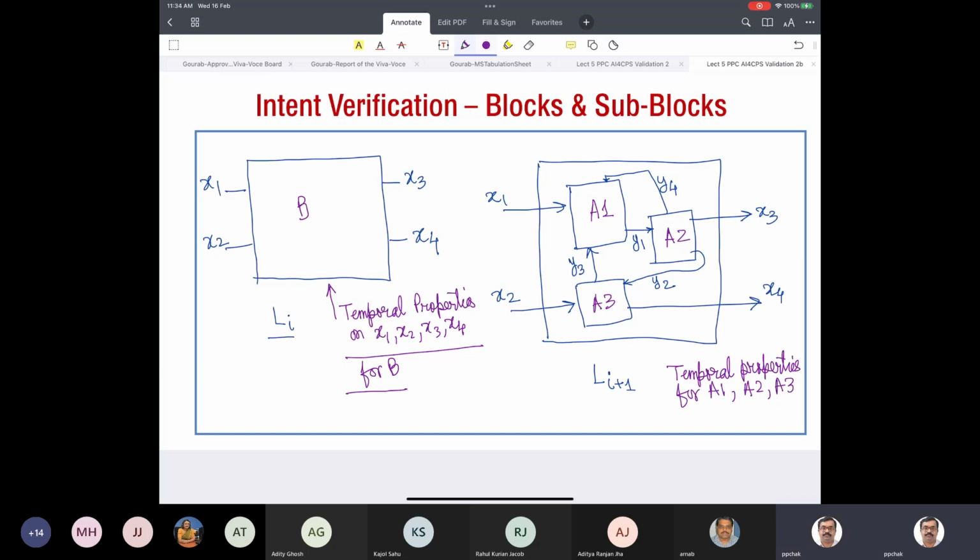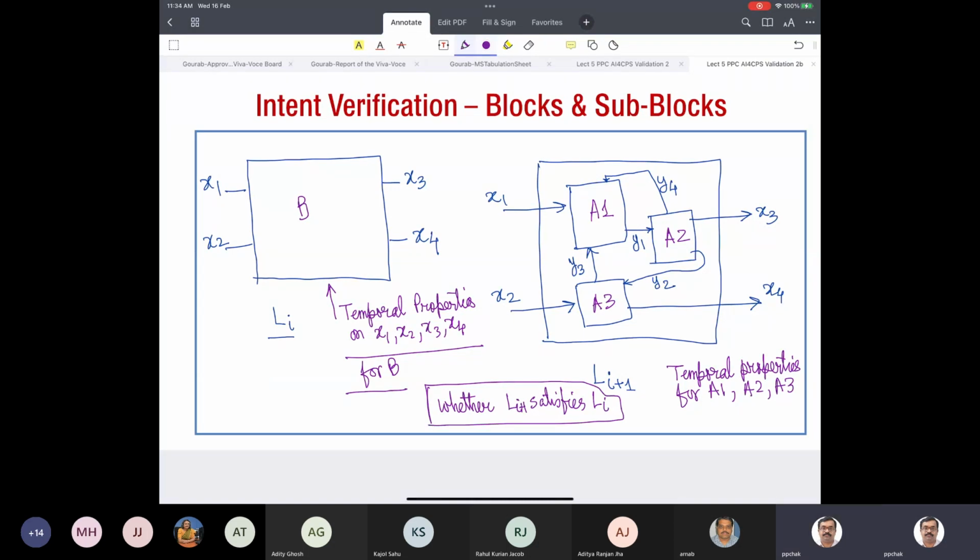And I need to now check whether Li plus 1 satisfies Li. So this is the more general form of intent verification.